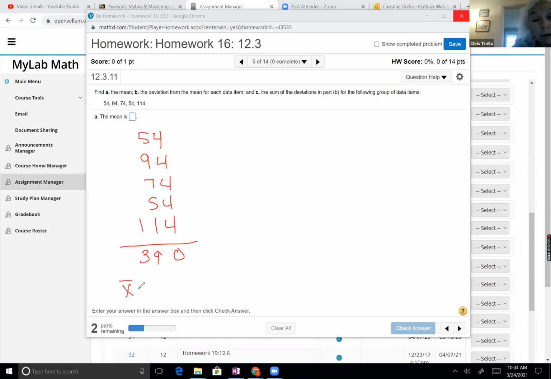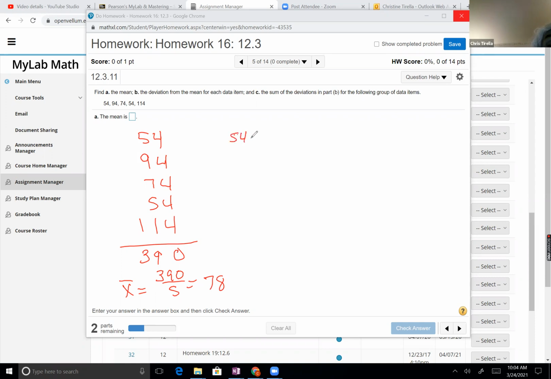And so the mean is that 390 divided by 5, which gives me 78. And so for my deviations from the mean, I'm going to just subtract 78 from each of those.